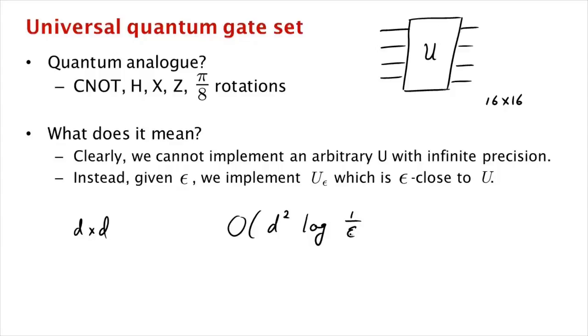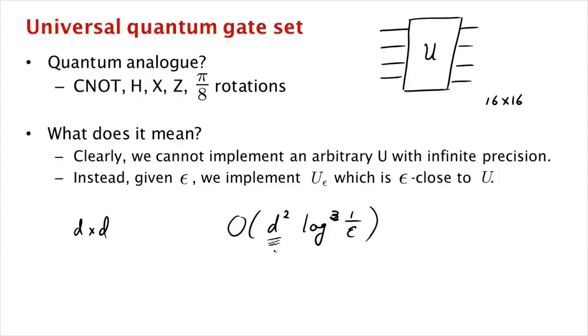So certainly log cubed works, let's say log cubed, just to be on the safe side. So the dependence on D and epsilon is mild. Now, I claim that something like this dependence on D squared is really necessary, because by a counting argument, there are lots of unitary transformations which are D by D, and these are only 5 gates. So how can you express all of them unless you pay such an overhead?